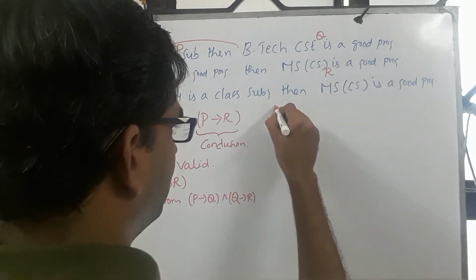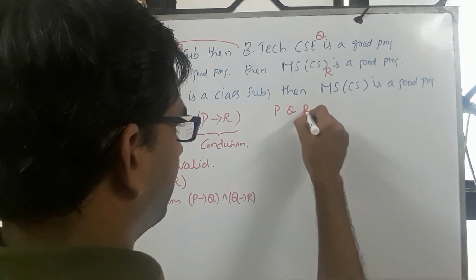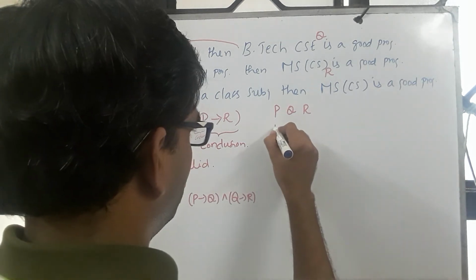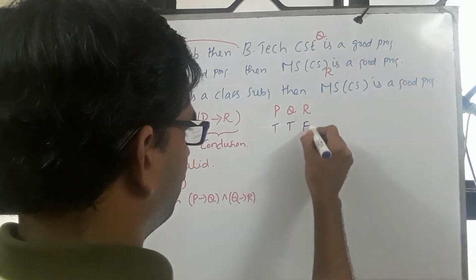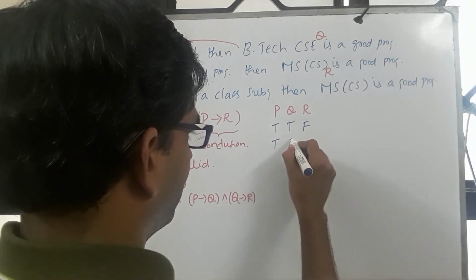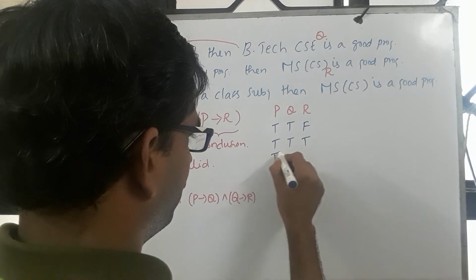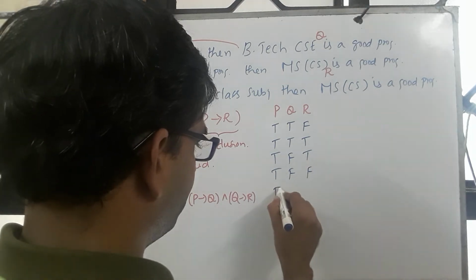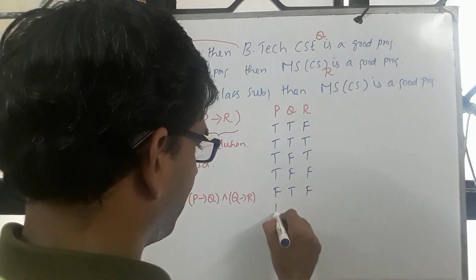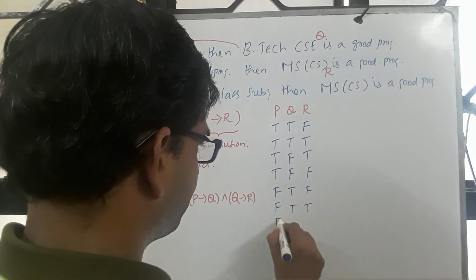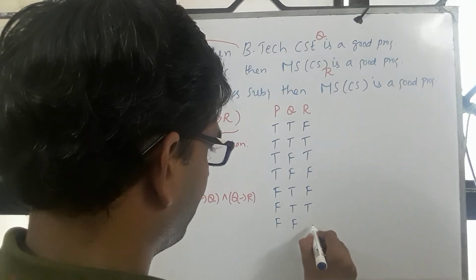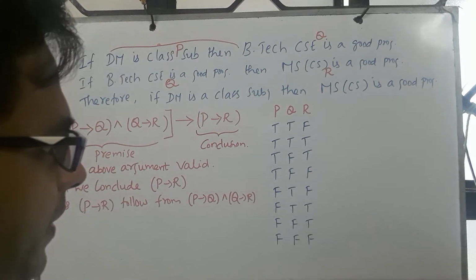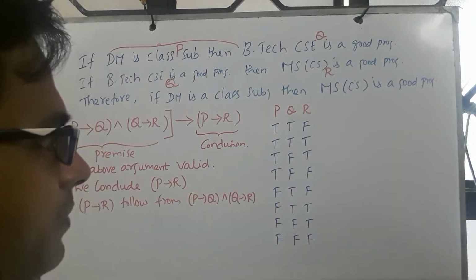Let's look at it. So you have P, you have Q, and you have R. There are 3 variables, so we have 8 rows.